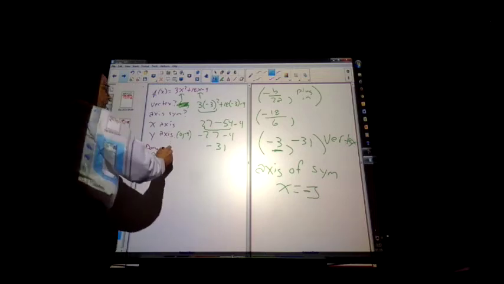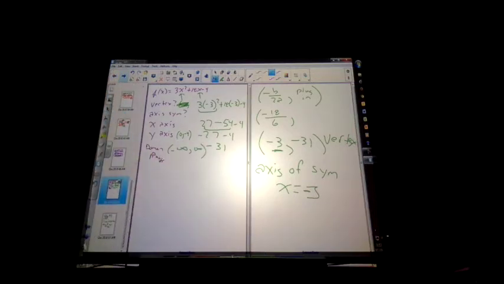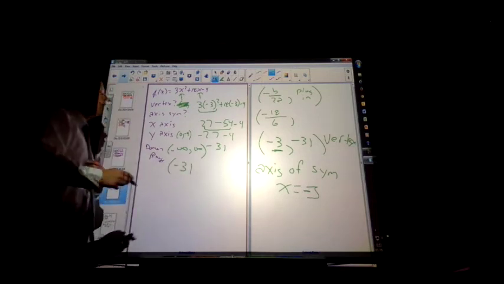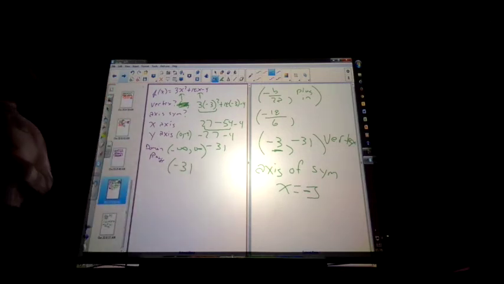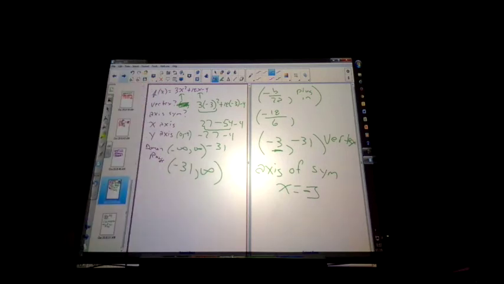Yes. So the domain is negative to positive infinity. Where's my range? If I'm riding an elevator up and down, where do I start seeing the graph in the y direction, up and down? Negative 31. So my range is going to go from negative 31. Graph opens upward, right? So if it opens upward, it's going to go to infinity. So that's my domain and range.